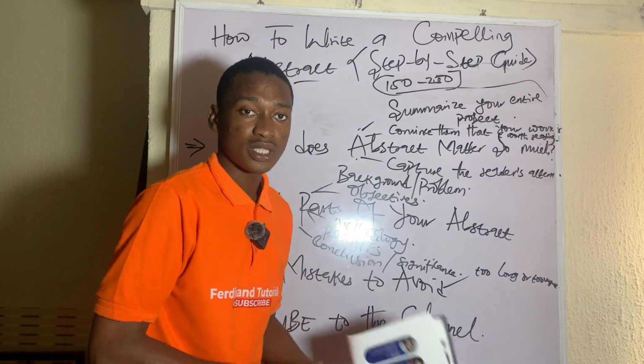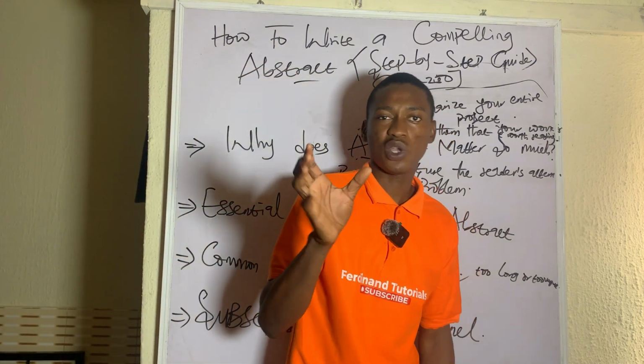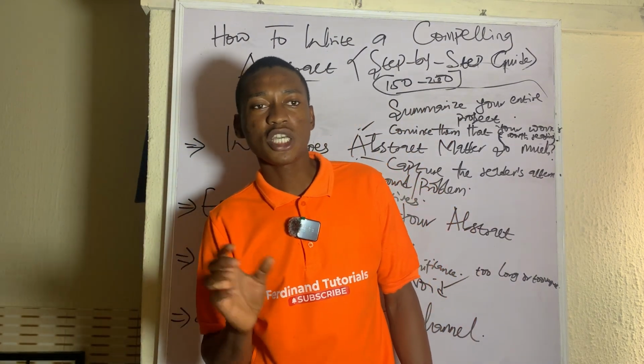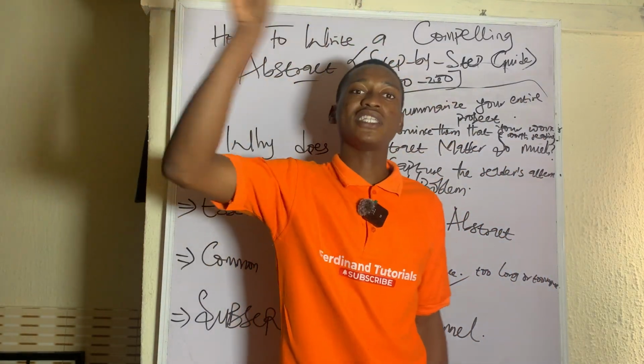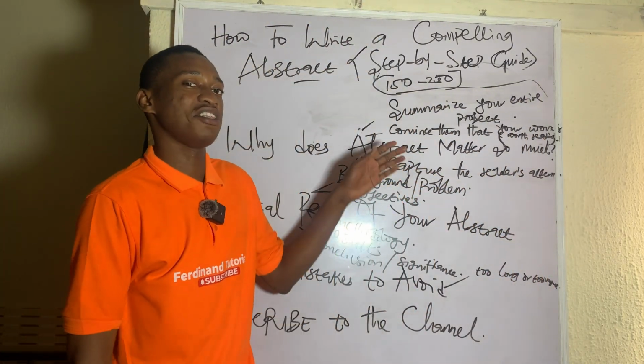Now, I want to also tell you something. This is a pro tip or a quick tip. Try as much as possible to write your abstract last. Let it be the last thing you will write in your work. Don't write the abstract as the first or the second thing.